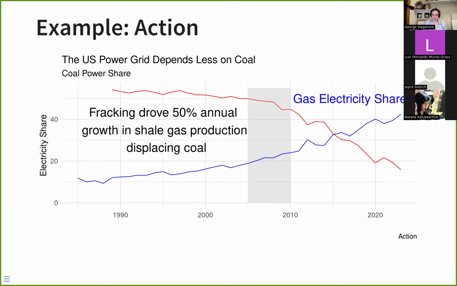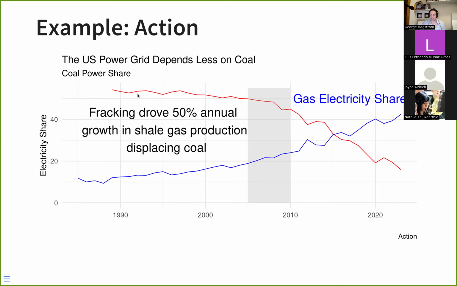Well, it turns out that right in that same period of time, something counterintuitive happened. Fracking led to a massive growth in the production of natural gas in the US. And that drove the share of natural gas in electricity very high.